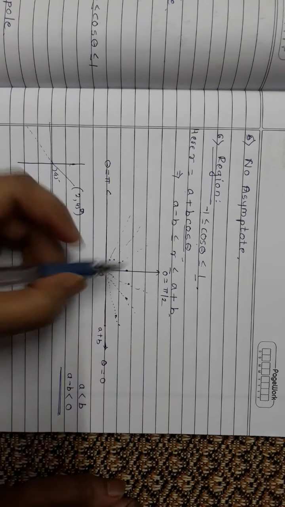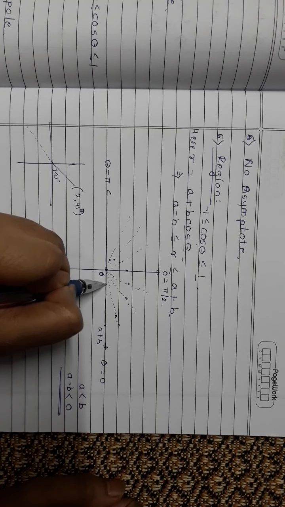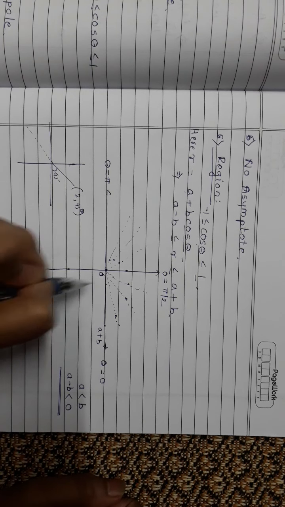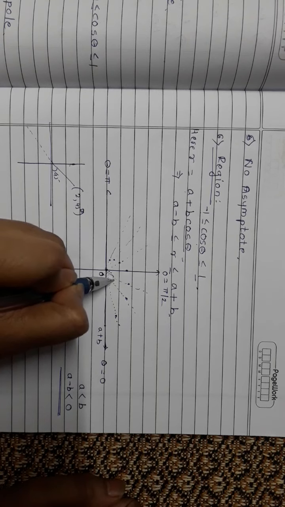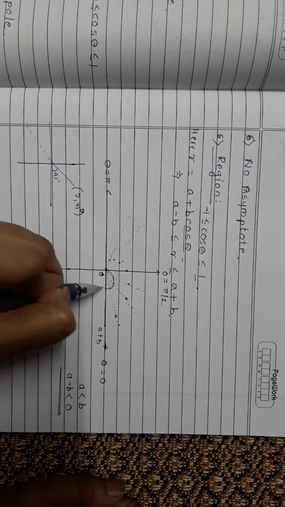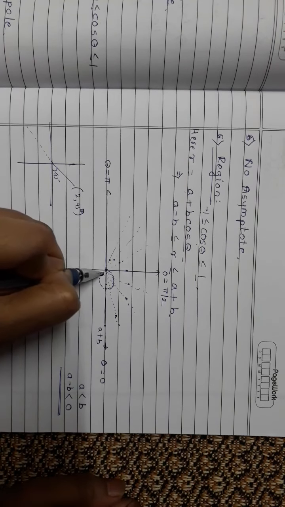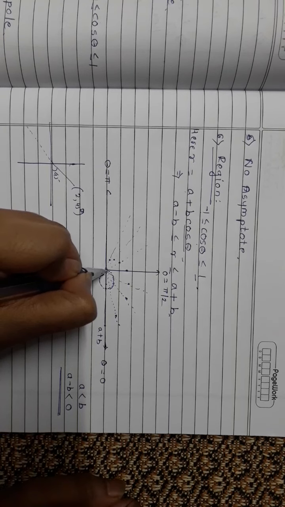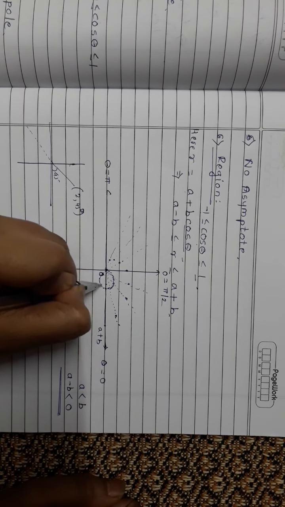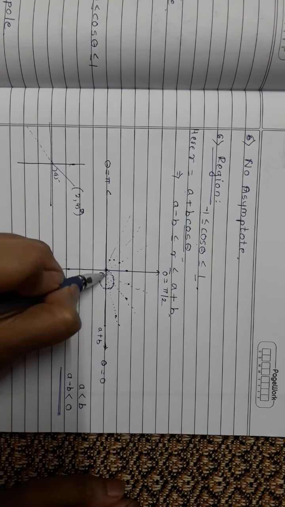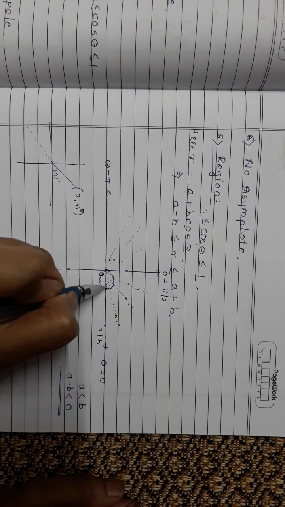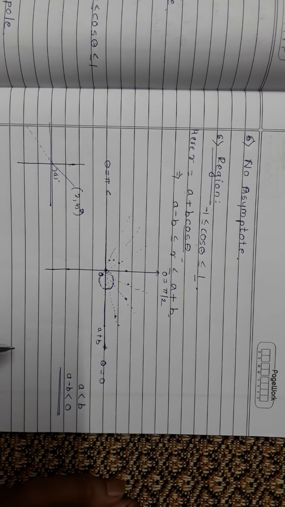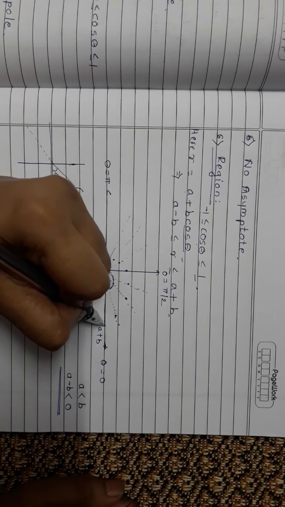Just on the back side of this, there is somewhere this point, say a minus b. The loop is going to be somewhere like this. So this is in the back side, right? The point will be here, and since it is symmetric, I am joining this part also, and joining this point.